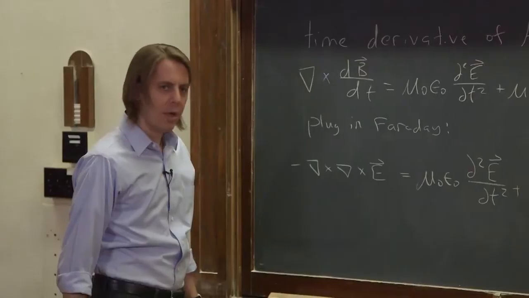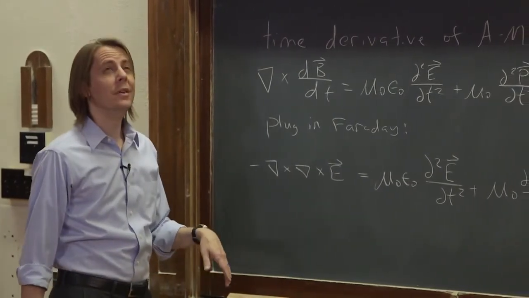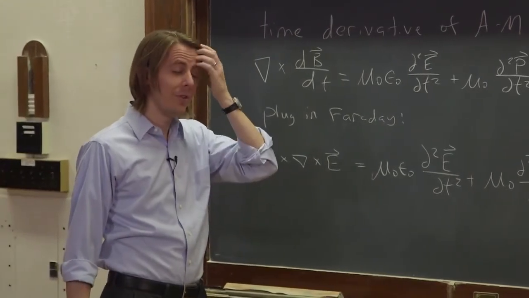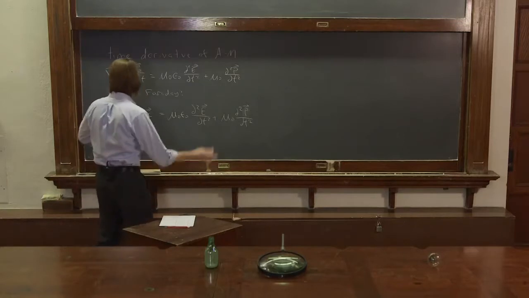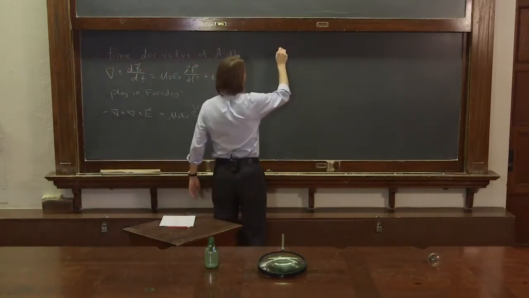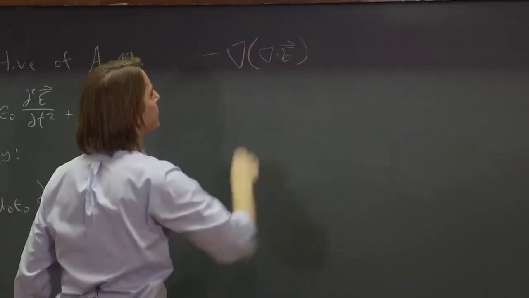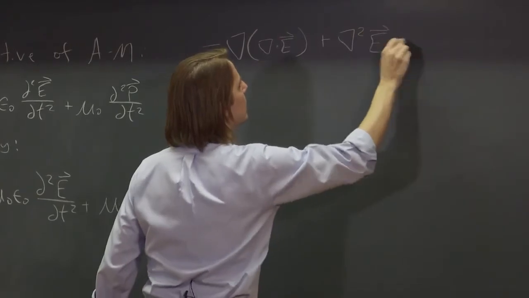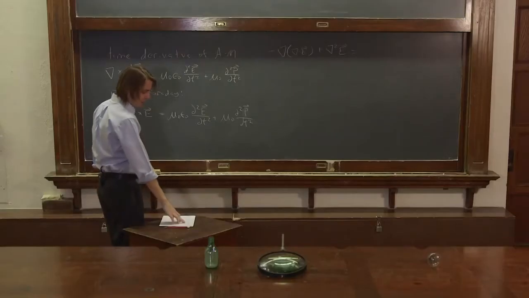All right, and now we remember that del cross del cross E is the gradient of the divergence minus the vector Laplacian, and the negative sign will flip that around. So it's minus the gradient of the divergence plus the vector Laplacian of E. And you know how I feel about the vector Laplacian if you've watched those lectures.